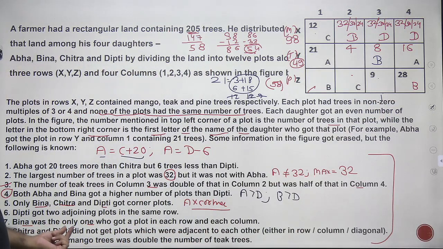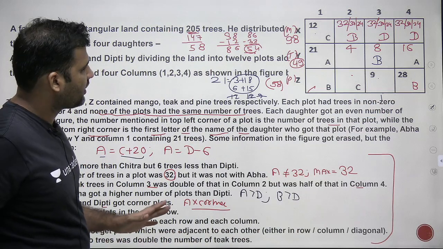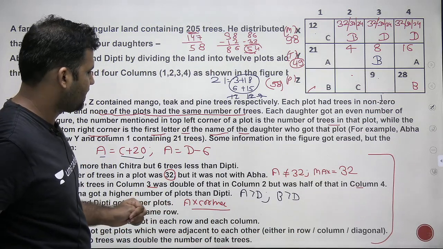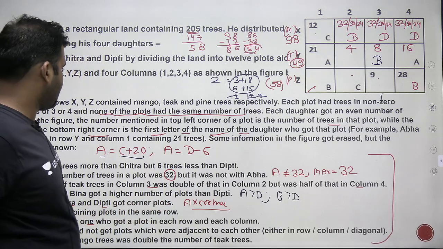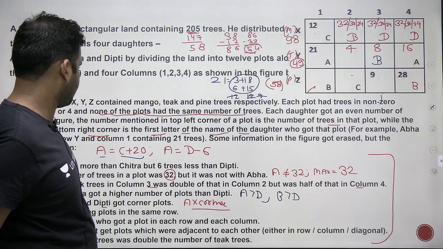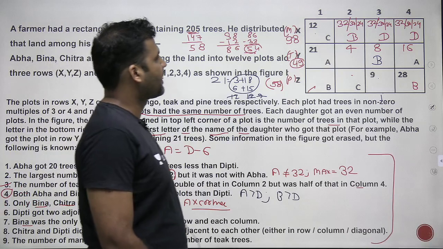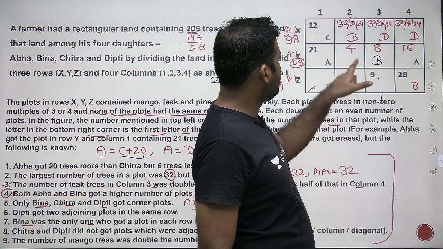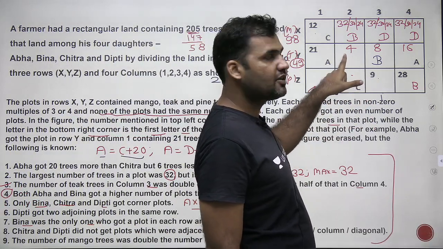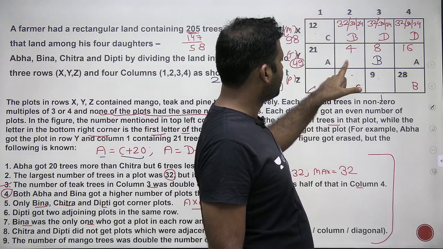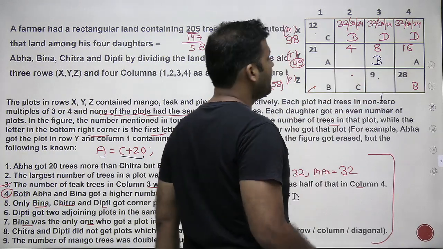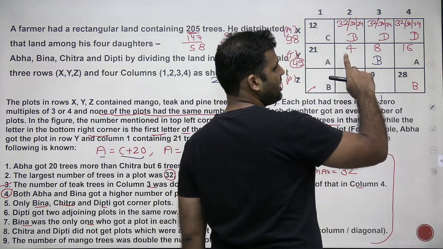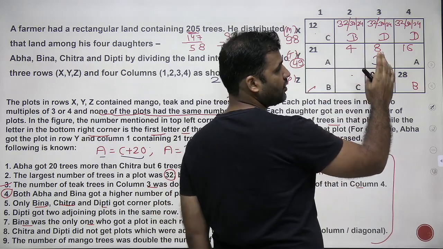Chitra and Dipti did not get plots which were adjacent to each other. The number of mango trees was double. We have used this information. All right. Now this value cannot be assigned to D, right? This value cannot be assigned to C also. Why? Because it is given that C and D are not in adjacent rows or columns.